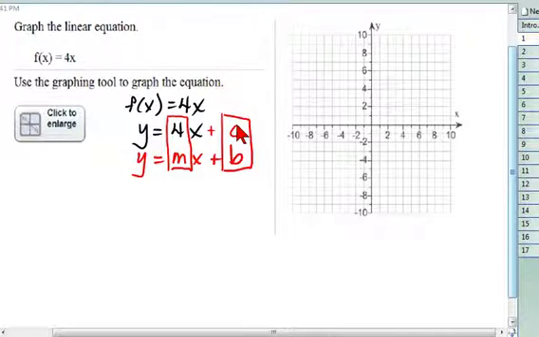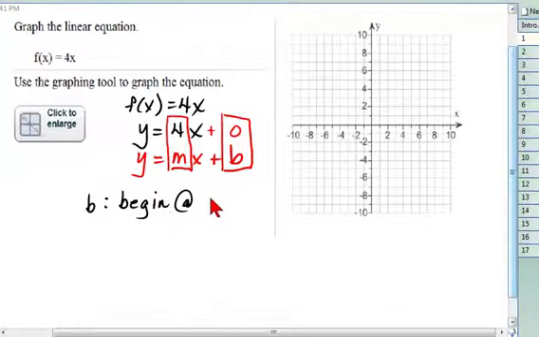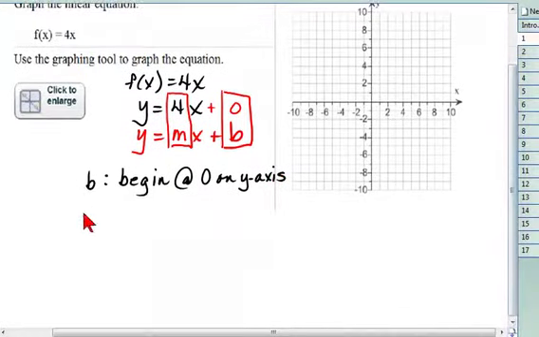Now, b stands for y-intercept, where the line crosses the vertical or the y-axis. m stands for slope. Those letters don't make a lot of sense, so I just made up my own reasons that they used m and b. I'm going to let b stand for begin at that value, which is 0, on the y-axis. b for begin on the y-axis. m, I'm going to say, stands for move according to some slope directions.